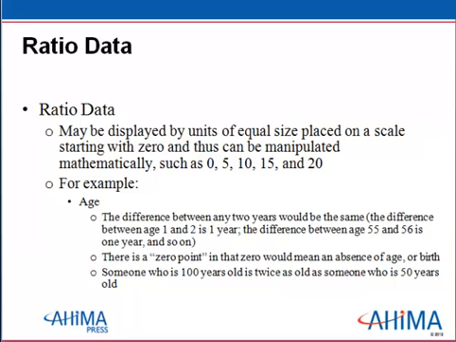For example, if we look at age, the difference between any 2 years would be the same. There is a 0 point, and that 0 would mean absence of an age or a birth. Someone who is 100 is twice as old as someone who is 50.